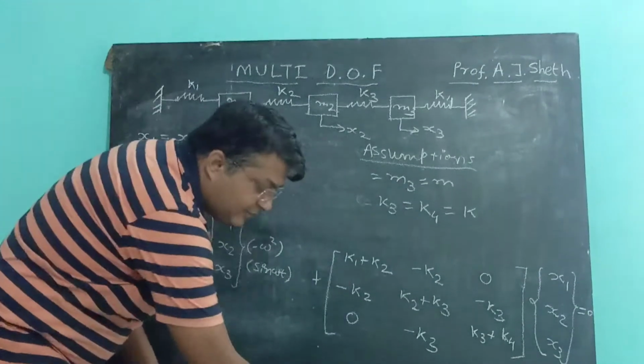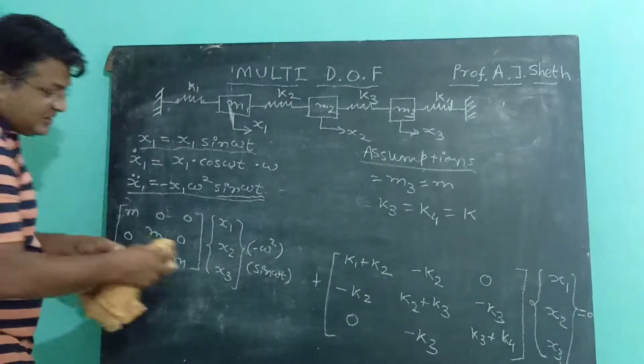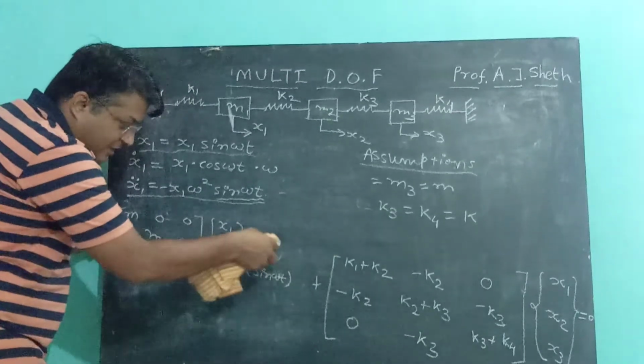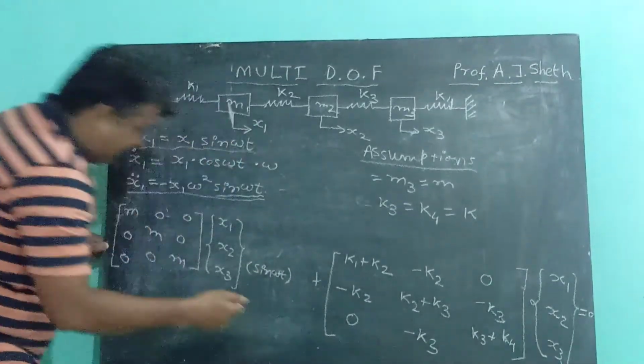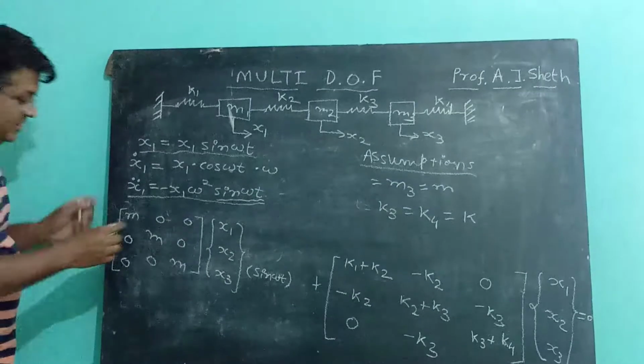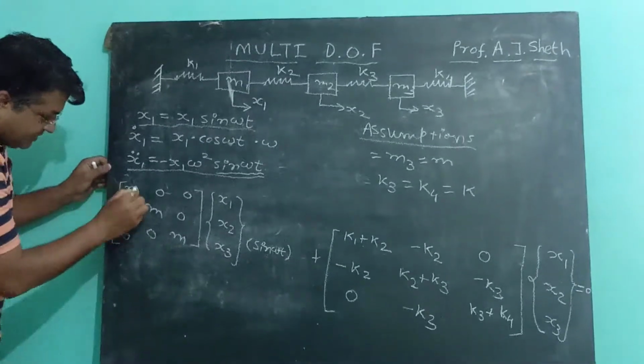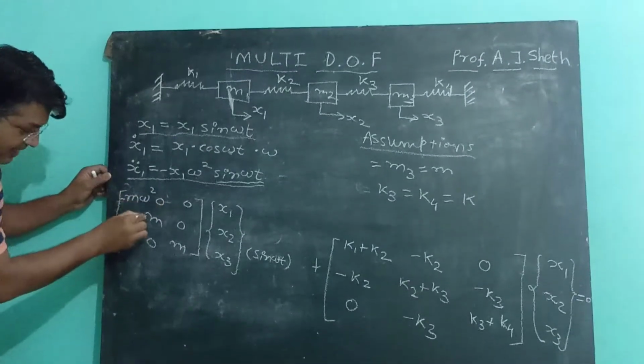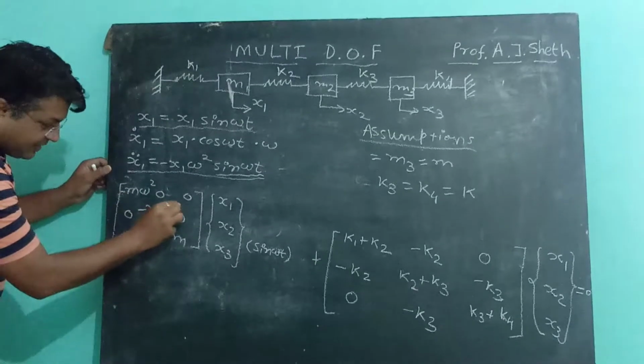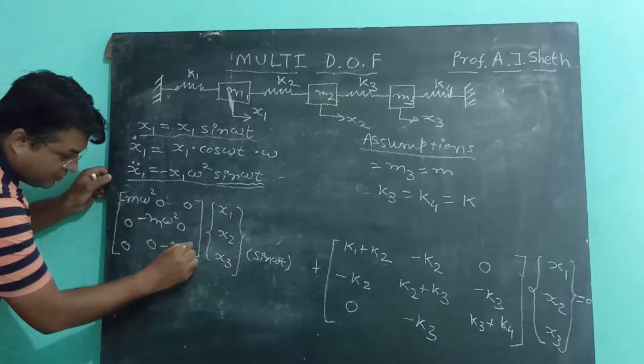Or rather we can do it in this way also. Let us multiply this minus omega square inside the equation. So m minus omega square, minus omega square, minus omega square.